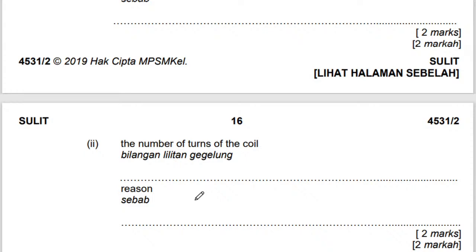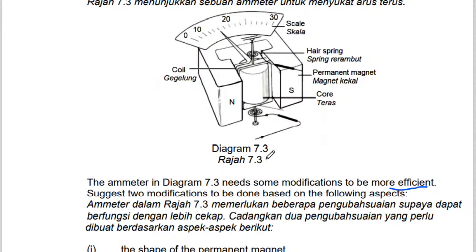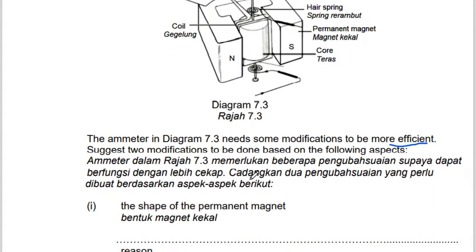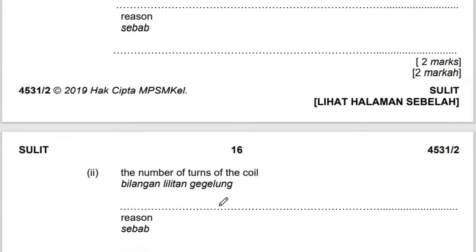Aurora, more number of turns, produce stronger resultant force. Can accept. But the easier one will be stronger magnetic field.